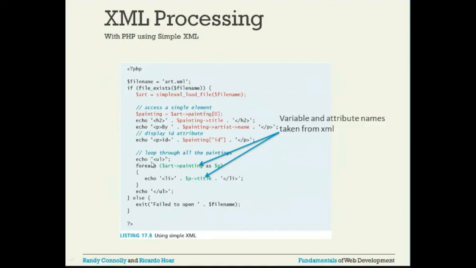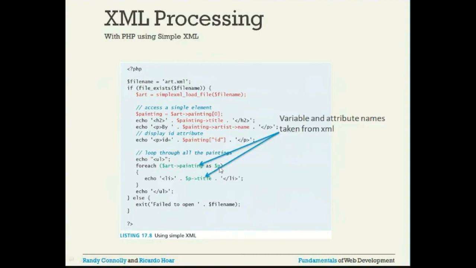If you want to access all the elements, then you have to loop through. Echo ul, an unordered list, foreach $art->painting. $art is the complete XML file, and when you say $art->painting, there are three paintings, so it will have a set of three and fetch them one by one.